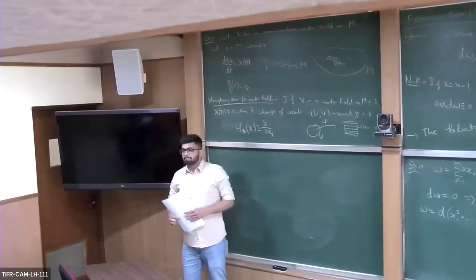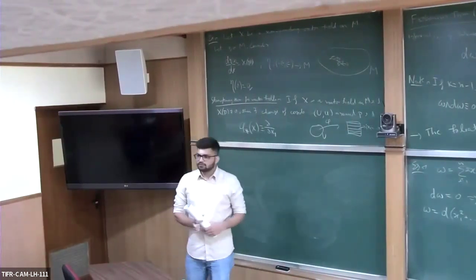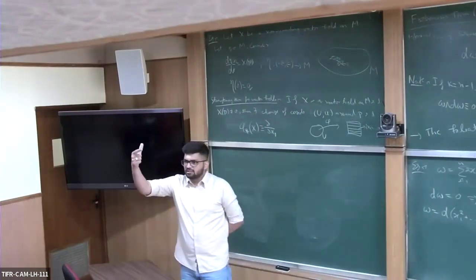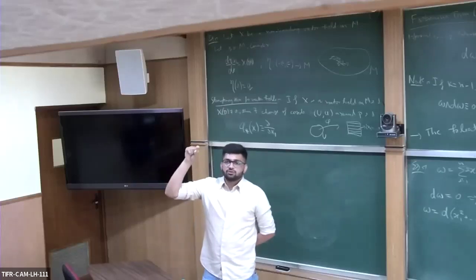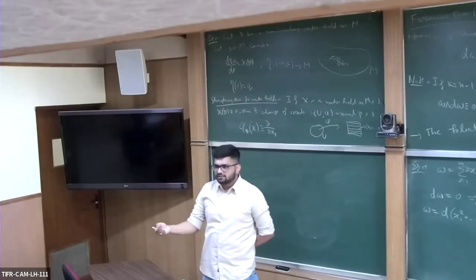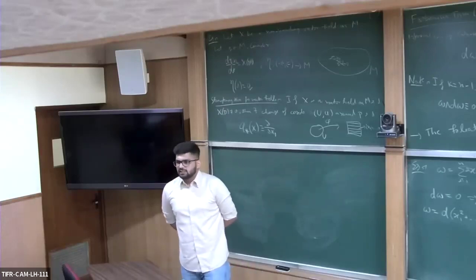Is the vector bundle actually a subbundle of the tangent bundle? No, not necessarily. A vector bundle is a manifold in itself. We don't need the vector bundle to have anything to do with the tangent bundle.